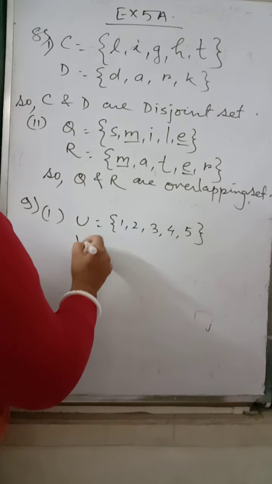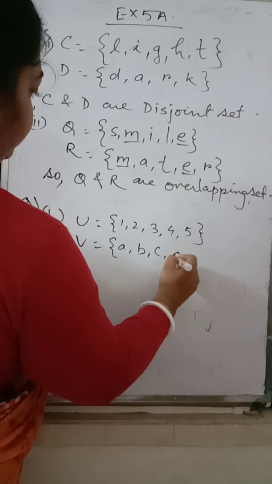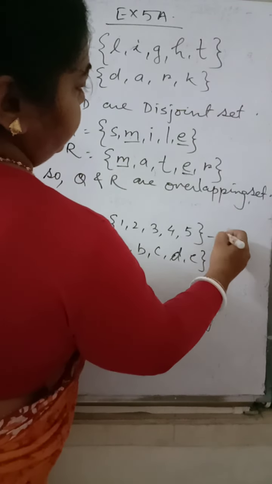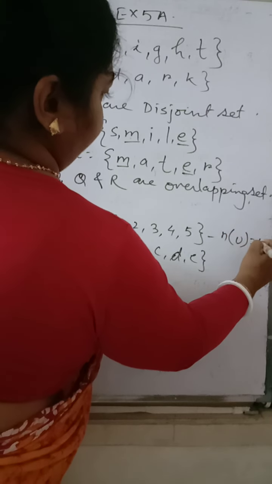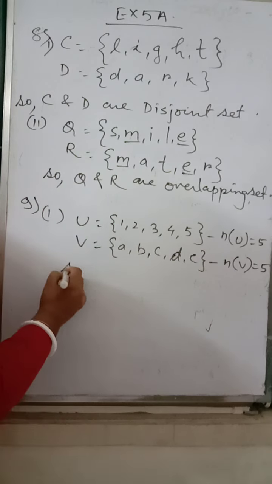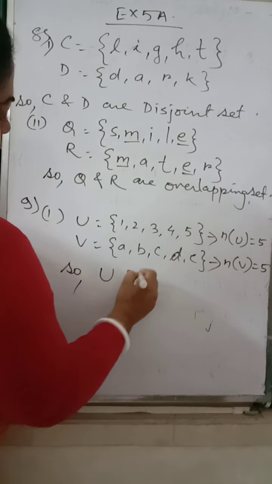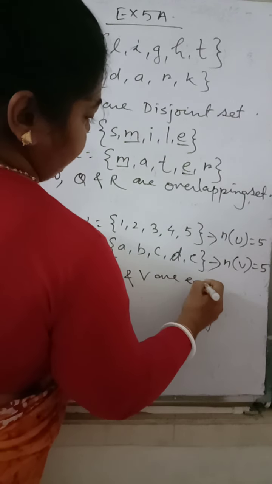And V is equal to A, B, C, D, E. The cardinal number of U is 5 and the cardinal number of V is also 5. So U and V are equivalent sets.